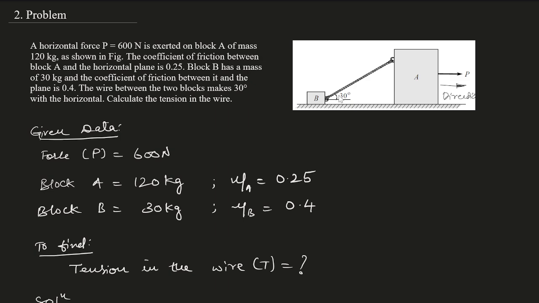Now this angle is making 30° with the horizontal. Similarly, if you see, the A angle is also making 30°. That is an opposite and alternate angle. So here also is 30°. So now what we can do is we can draw the FBD for the block A.